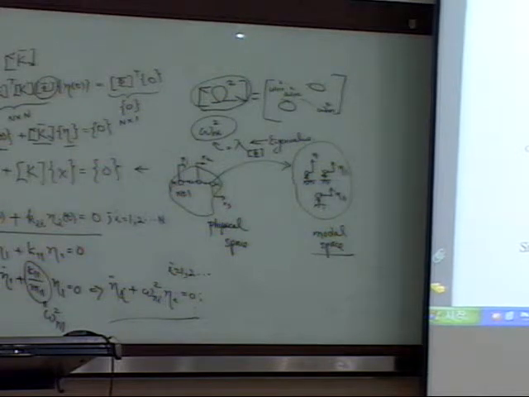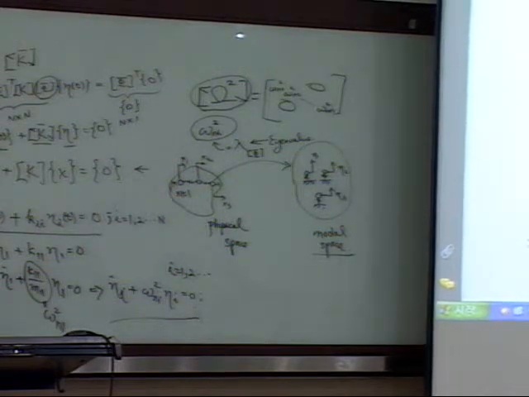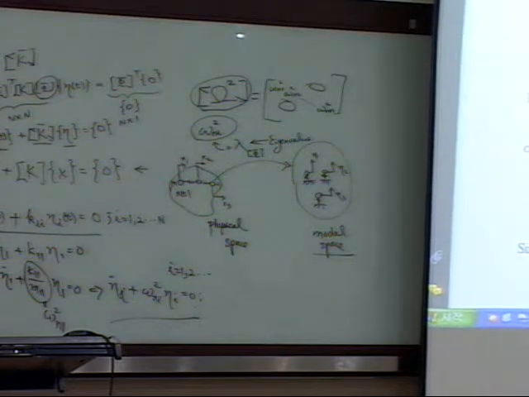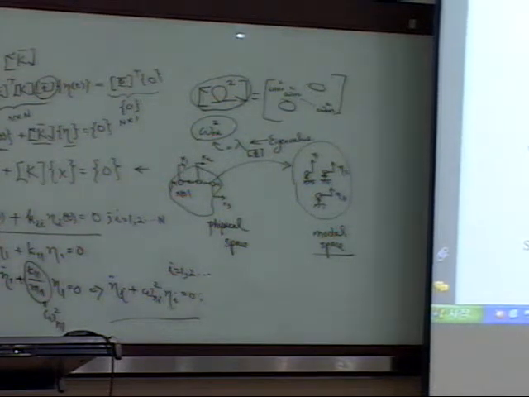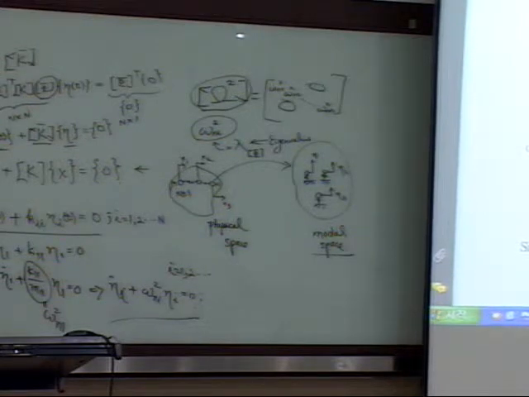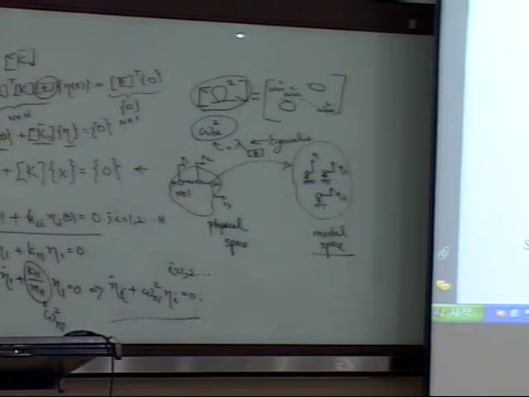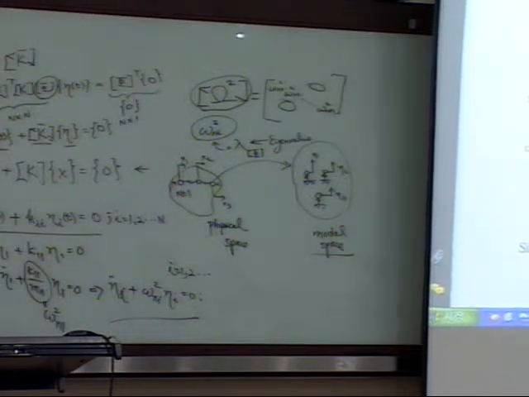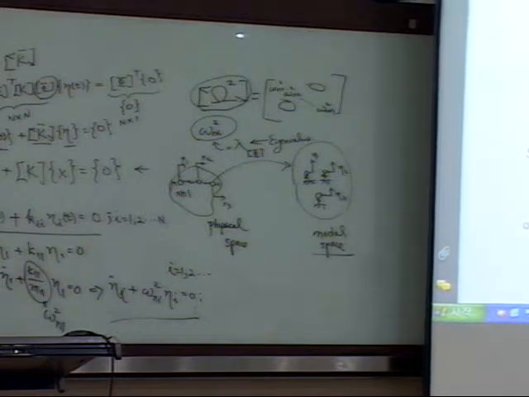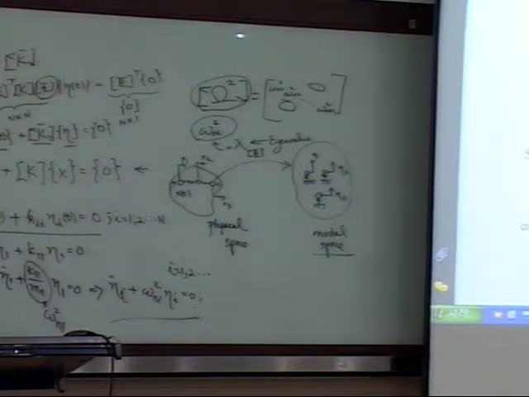Capital phi matrix puts all the eigenvectors together to make a matrix. Each column is an eigenvector, right? So I'm going to say let x is equal to phi, the eigenvector, times eta, the modal coordinate. Then if I take the ith row, which is x_i is equal to phi_i eta, I just pick out the ith row.